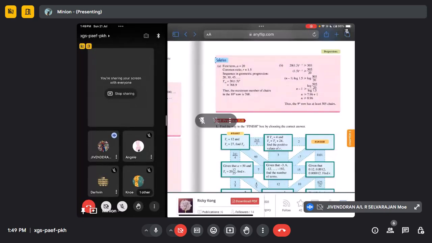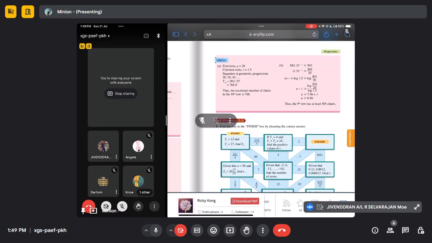And then you can move log 1.5 to the right hand side, so it will be log of 505 over 20 divided by log 1.5. You can press the calculator for that part, and then you will get 7.96. Then move the 1 to the other side, n will be more than or equal to 8.96.